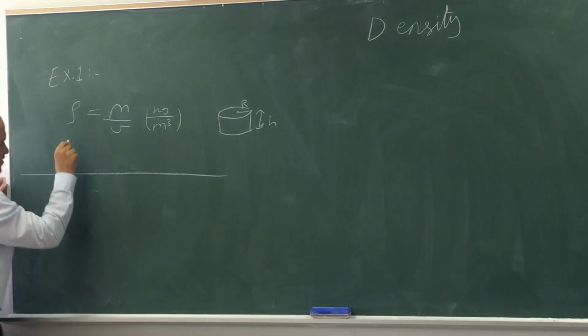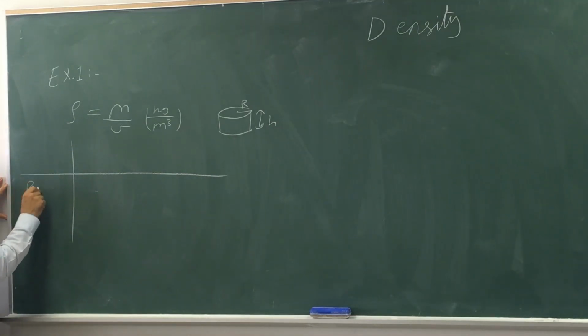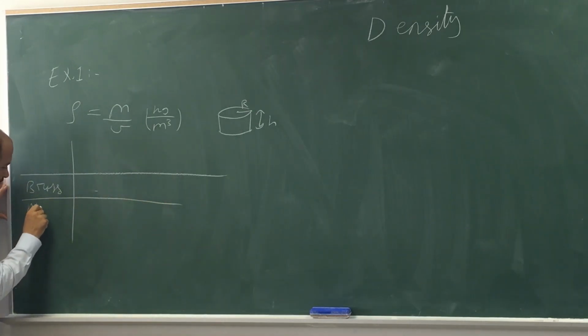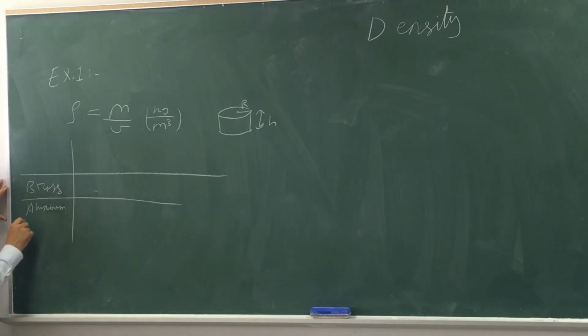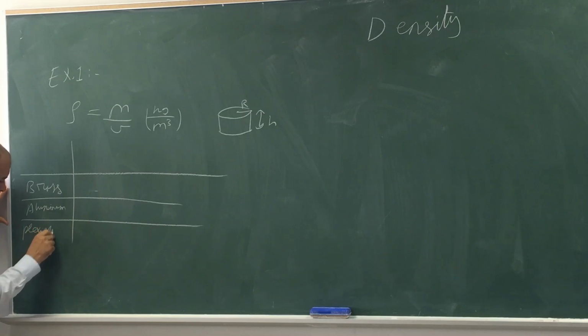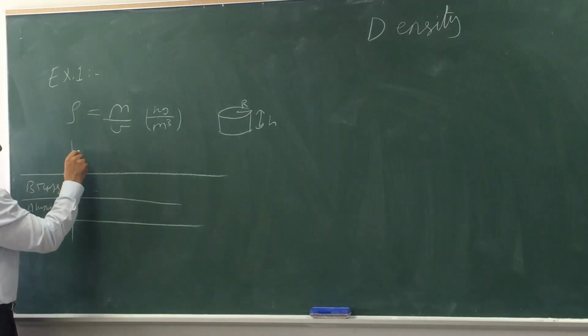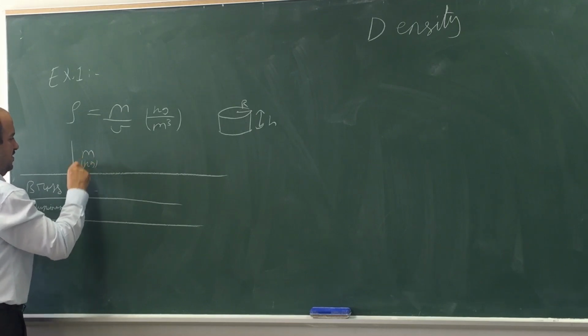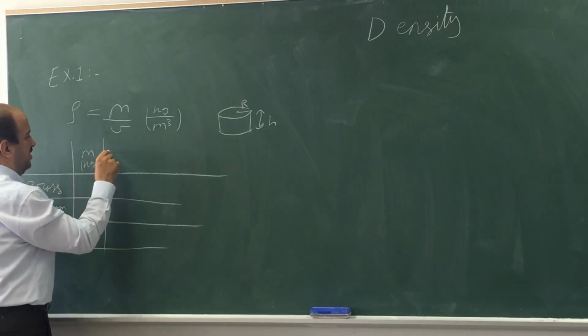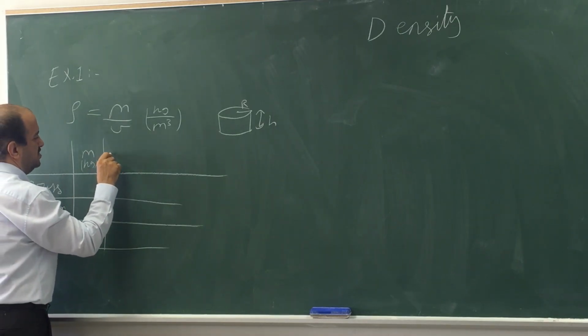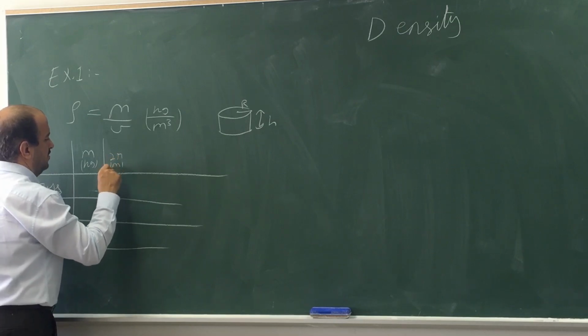We will have different objects. The first object is brass, the second one is aluminum, and the third object is the plexiglass object. We can measure the mass by using the balance in kilogram. Accordingly, we can measure the radius of the object by using the diameter, in meter.